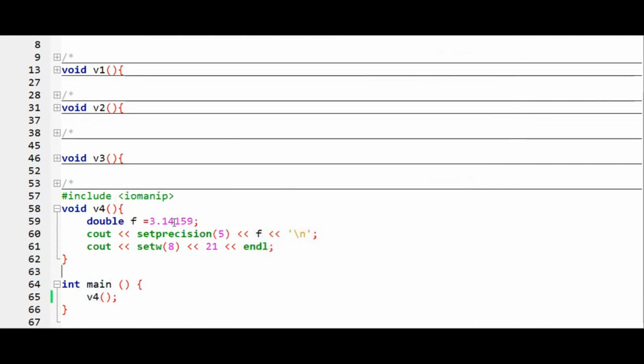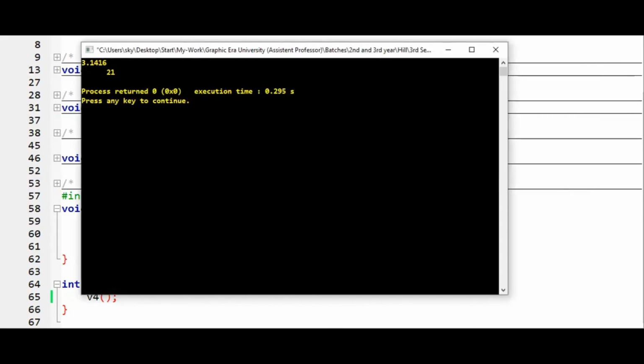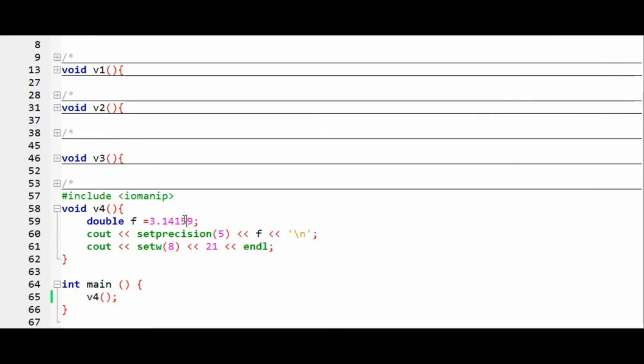As we have seen, this is not including this one, but it is rounding up the last digit. If you are talking about 5, it means 1, 2, 3, 4, 5. It will round up the last digit according to the next value. That's why it became 6 over here. So this is about the set precision.